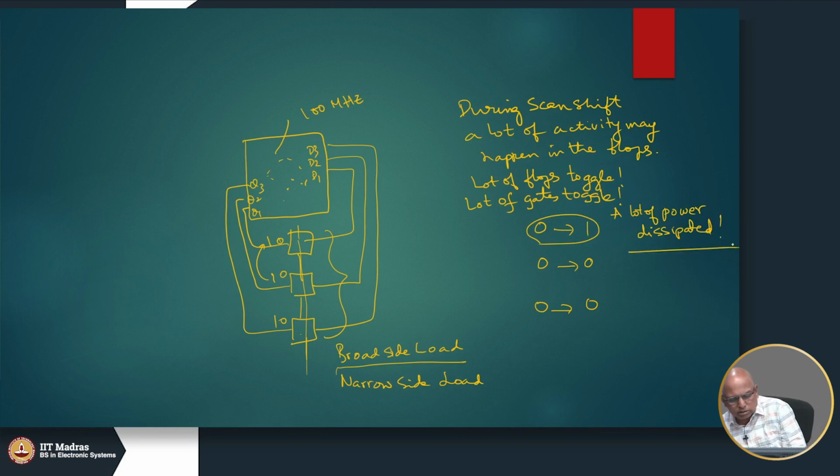So if your circuit is rated at 100 megahertz, and you try to shift in data at 100 megahertz into the scan chains, the power dissipation may be very, very high, more than what the rated power is.